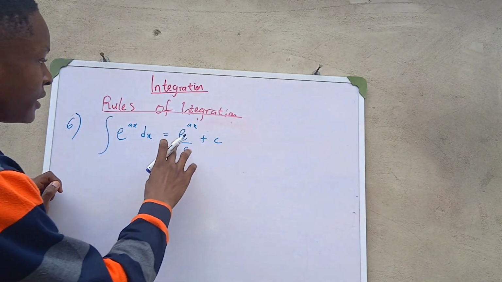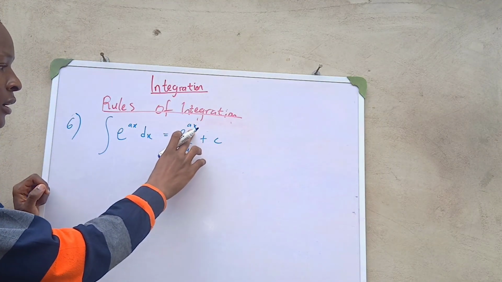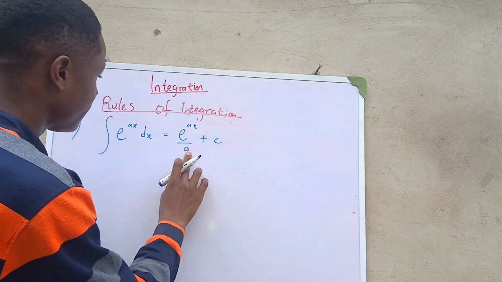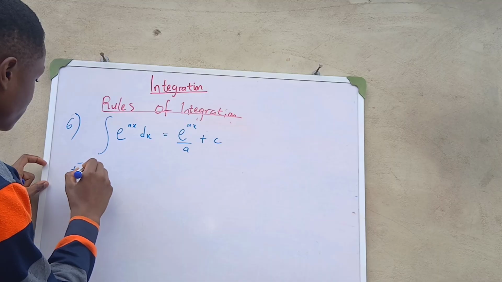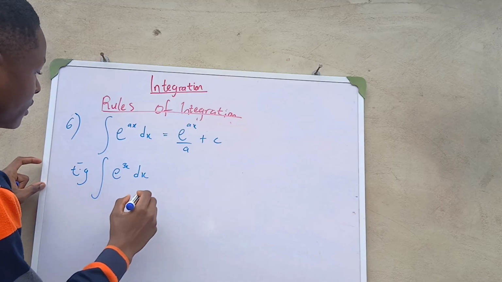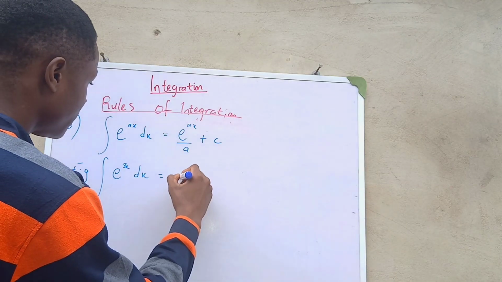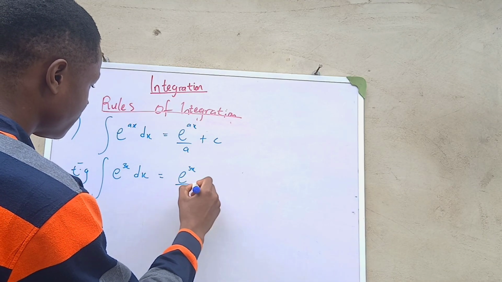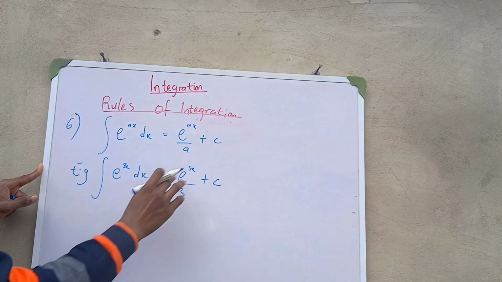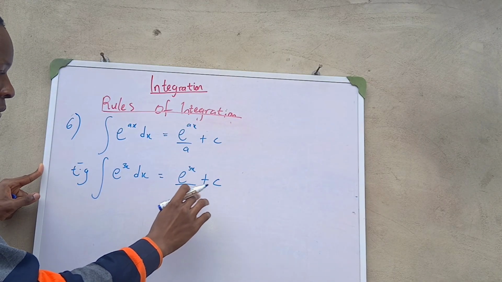So anytime we are integrating an exponential that is raised to a power, this is what we have. So an example is the integral of e to the power 3x dx. We'll be having e to the power 3x over 3 plus c. This 3 all over this 3 plus c.